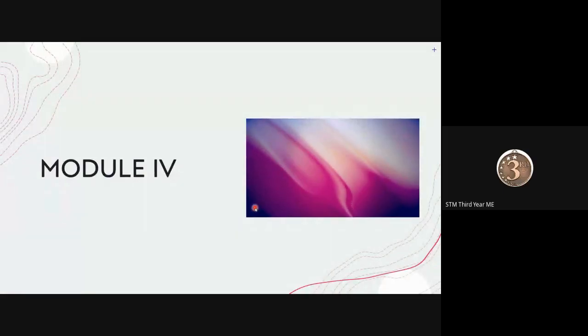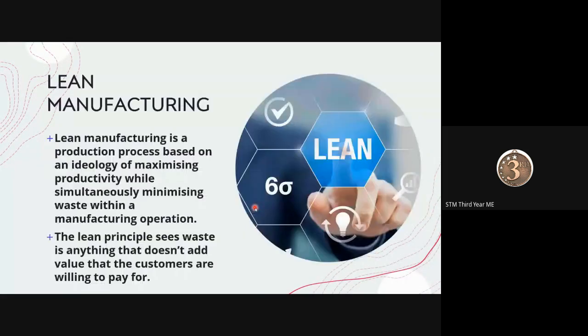So we'll be moving on to the next module. We studied in the last class the third module, and one of the basic principles that we used in that was JIT, just-in-time manufacturing.